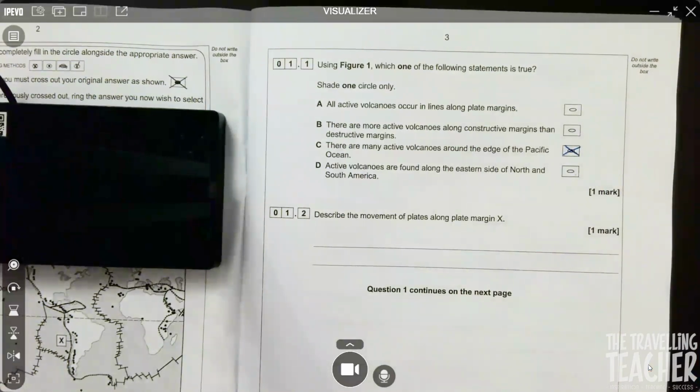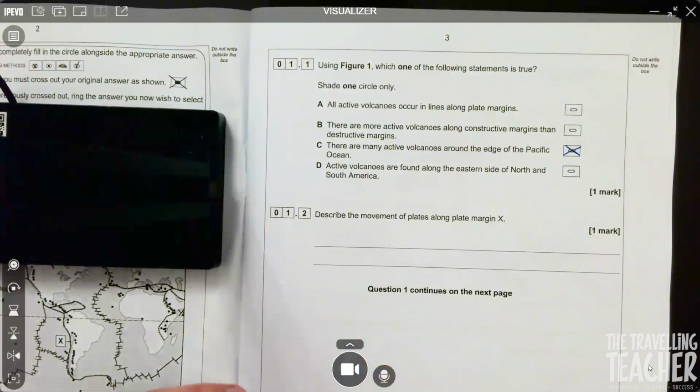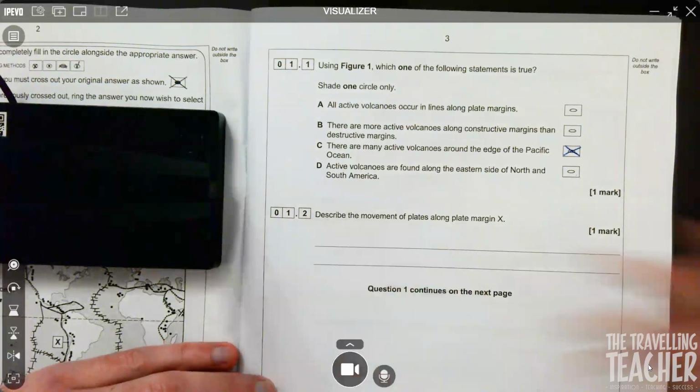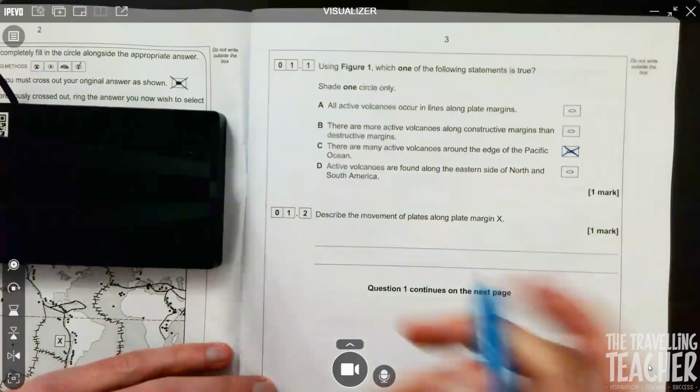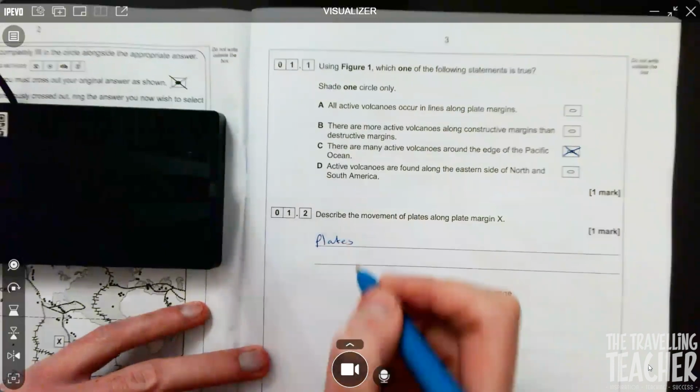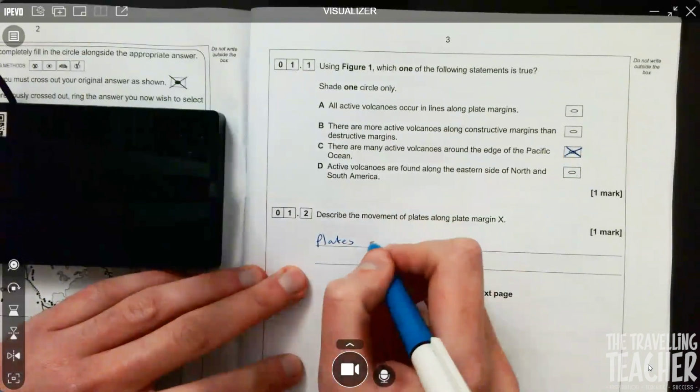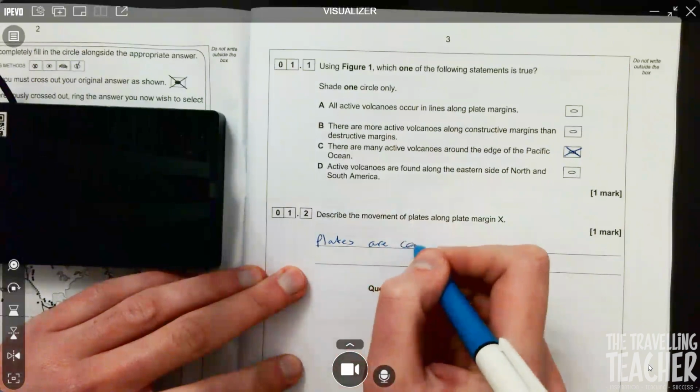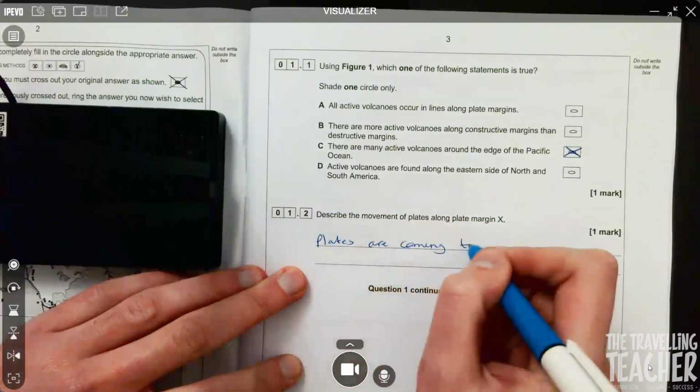Perfect. Next question. Describe the movement of plates along plate margin X. So I'm looking at plate margin X, and I can see that the plates are coming together. They are colliding. So let's write down, write down what I write, guys. Plates are coming together.